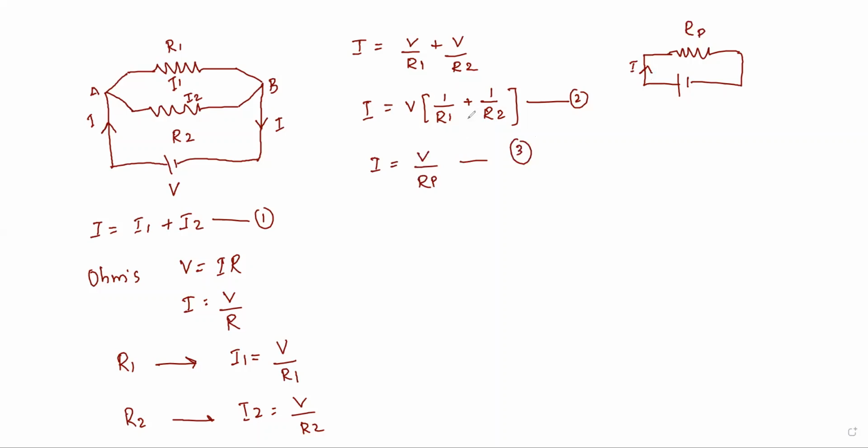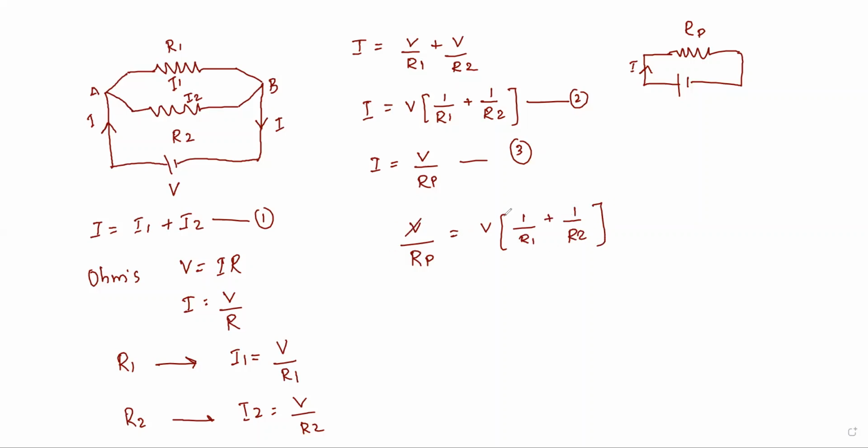Now see, equation 2 and equation 3 are almost the same. I is equal to this and I is equal to this. So from equations 2 and 3, I can write V by RP is equal to V into 1 by R1 plus 1 by R2.